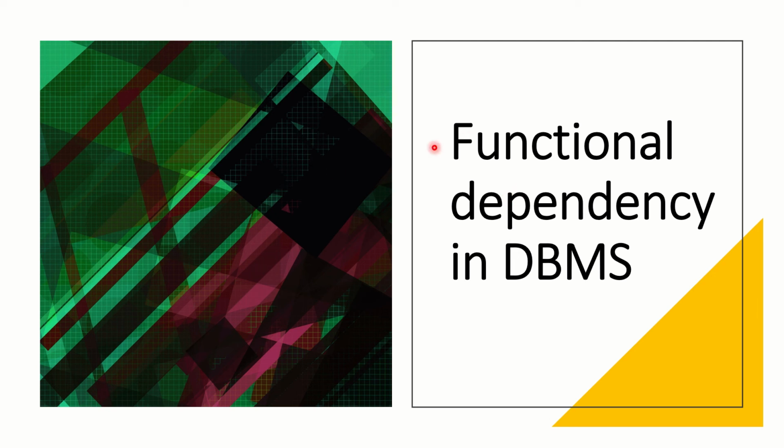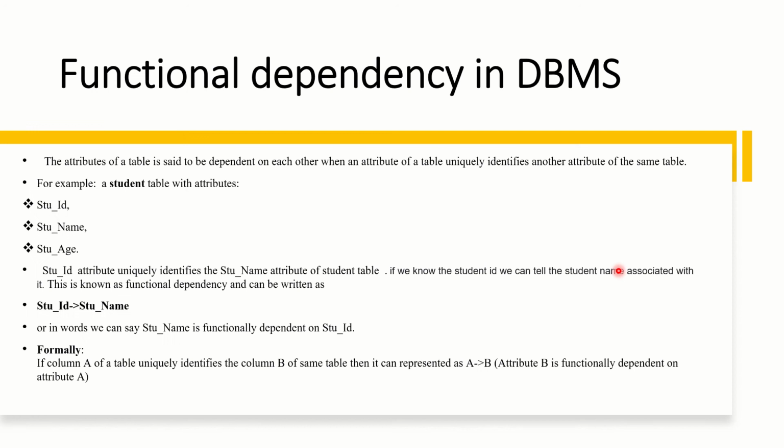In this video, we are going to study functional dependencies in DBMS. First of all, we can define the meaning of functional dependency. Suppose that we have a table which consists of a lot of attributes, and any attribute inside the table can uniquely identify another attribute of the same table.